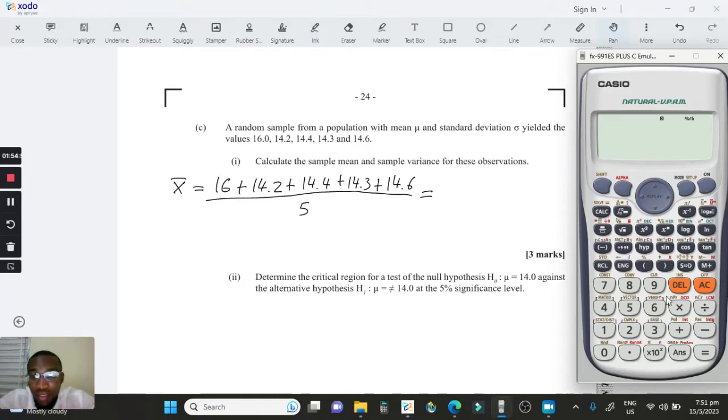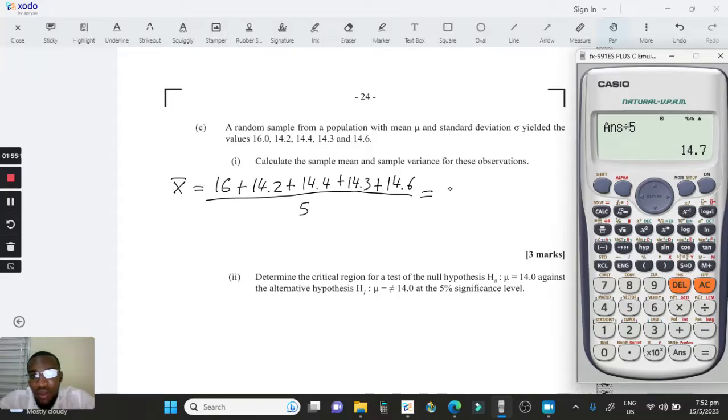And they want sample variance too, that's a lot. 16 plus 14.2 plus 14.4 plus 14.3 plus 14.6. Then we divide that by 5.